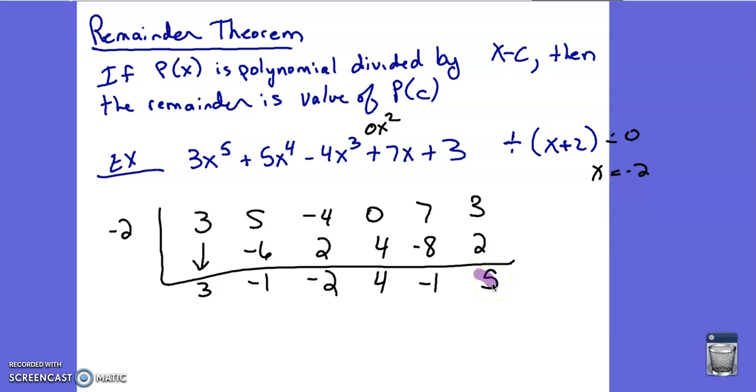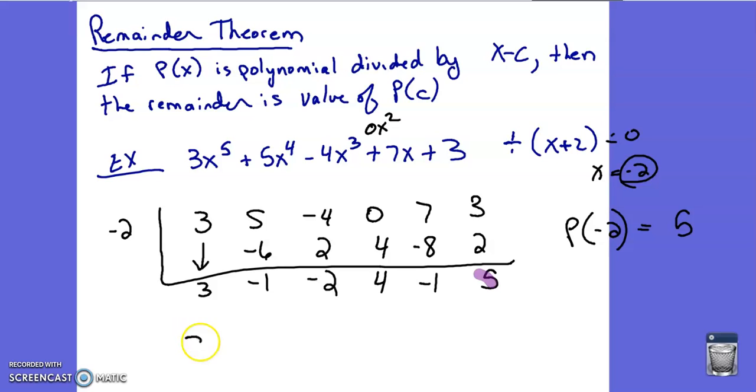That's the remainder, and once I have that, that means if I substituted p of -2 in, remember I took -2, so if I put -2 into the polynomial, the answer would be 5. So this literally is the same thing.